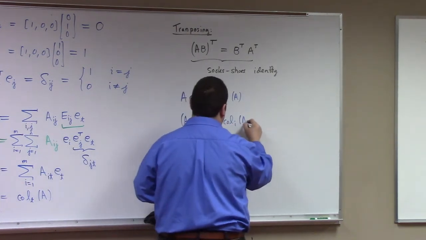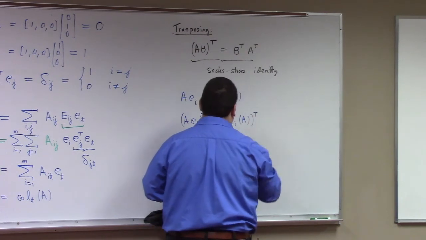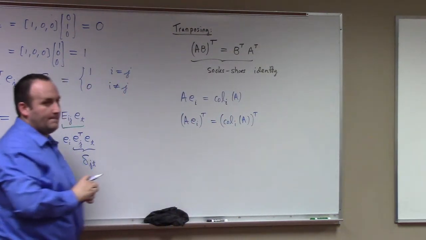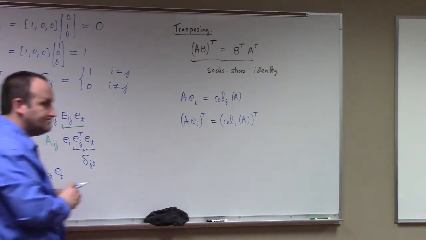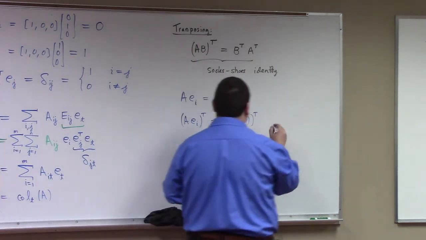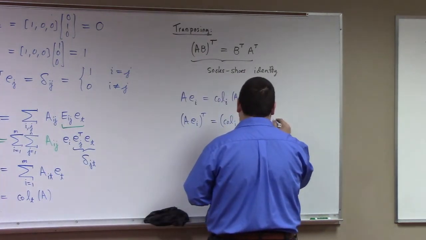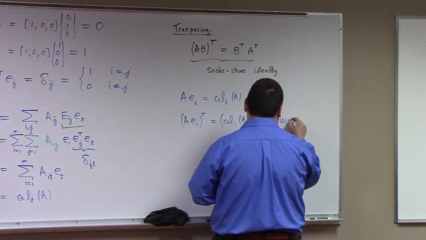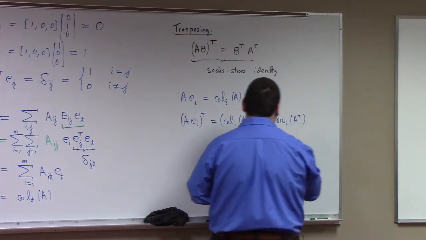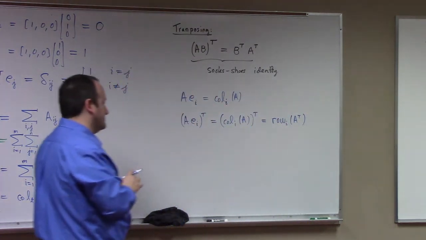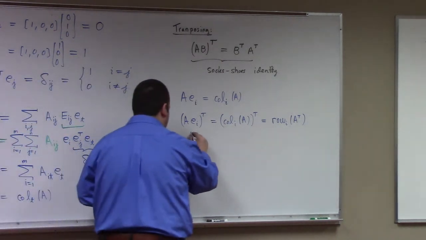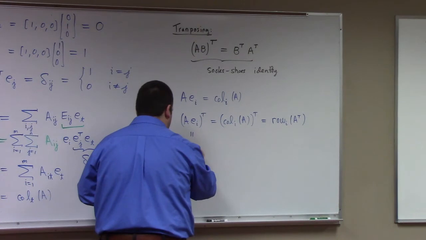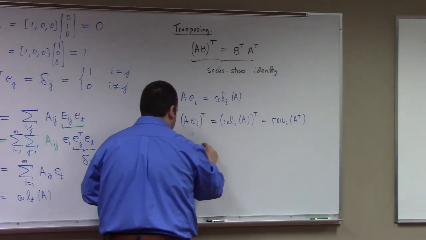What's the transpose of the ith column of A? If you look at the definition of transpose, it is the ith row of A transpose. And what is this? Well, by socks-shoes, this is E sub I transpose times A transpose.